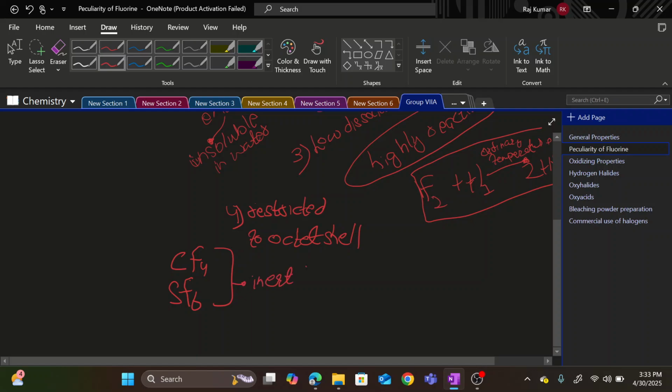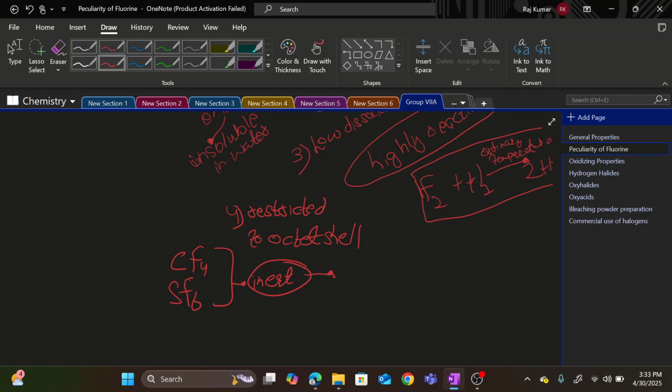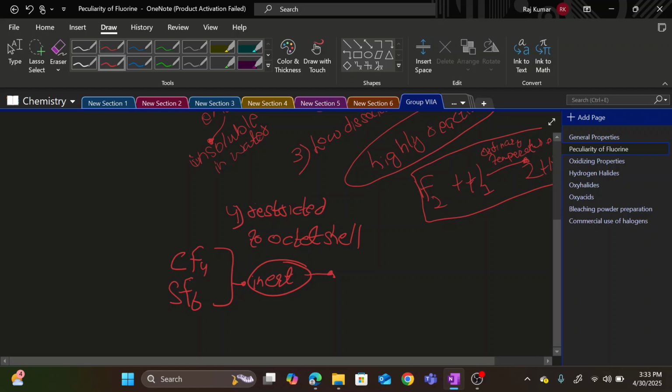These are inert compounds which cannot react further.